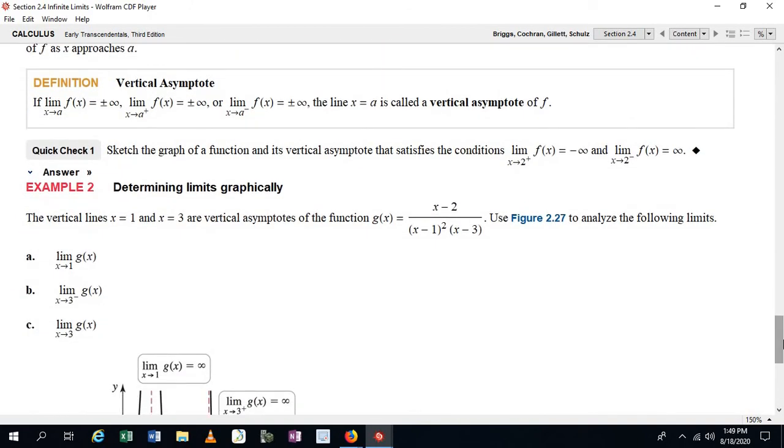This leads us to the idea of what's called a vertical asymptote, which you may have seen before, but we're going to formally define what it means to be a vertical asymptote.